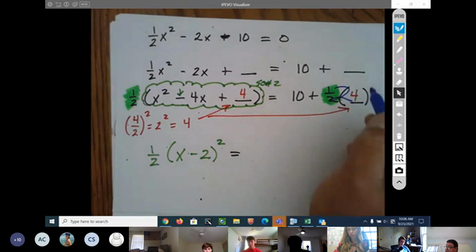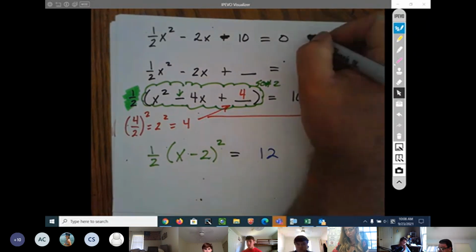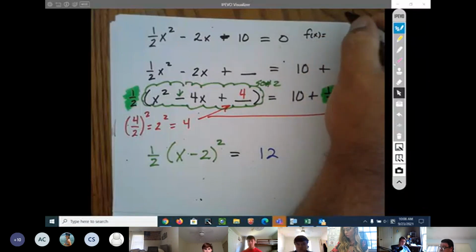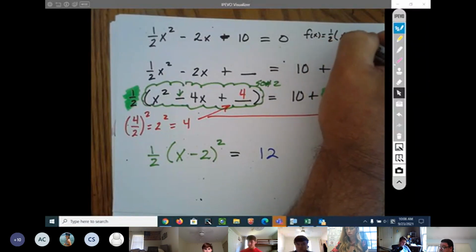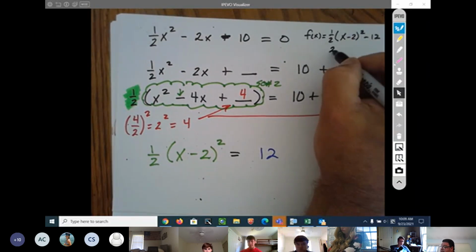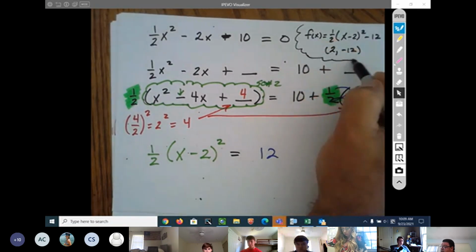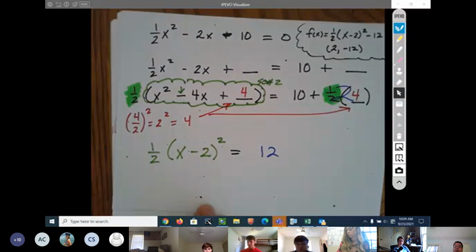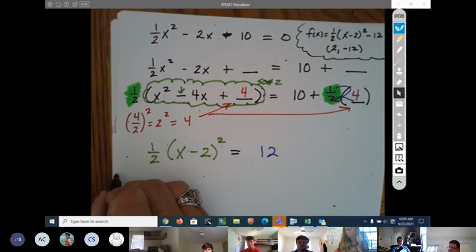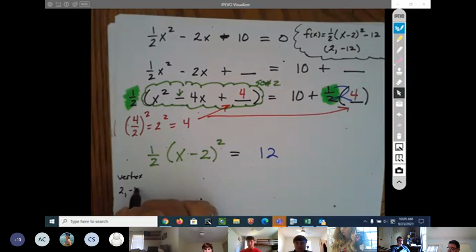Half of 4 is 2, so 10 plus 2 is 12. If I wanted to write this the way they want us to write it, it would be f of x is equal to 1/2 times x minus 2 quantity squared minus 12, with a vertex of 2 comma negative 12. That'll be the way they ask you to write it in the answer. For the vertex down here, just take the opposite of both. In this form, take the opposite of both, that'd be 2 comma negative 12.